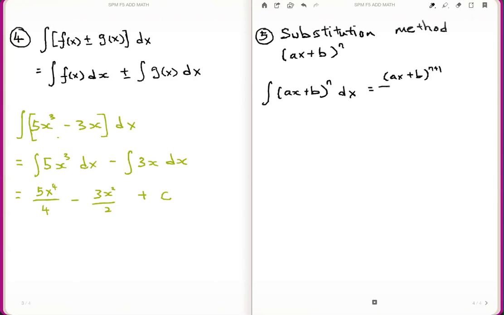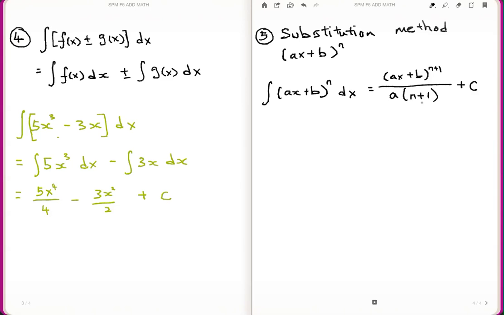But here, over, you differentiate whatever is at the x, meaning you differentiate ax, you will get a, and n plus 1 is the original number that you bring down. Remember we have plus c.